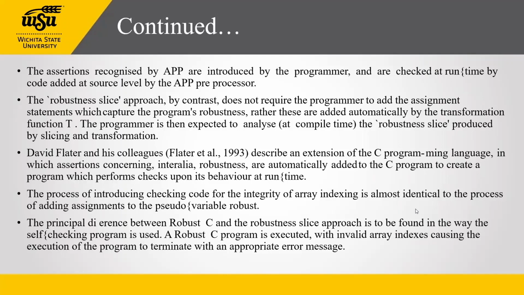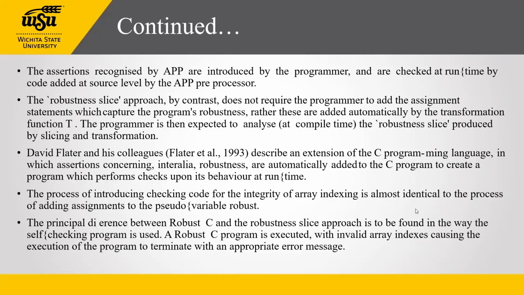David Flatter and his colleagues describe an extension of the C programming language in which assertions concerning inter alia robustness are automatically added to the C program to create a program which performs checks upon its behavior at runtime. The process of introducing checking code for the integrity of array indexing is almost identical to the process of adding assignments to the pseudo variable robust.